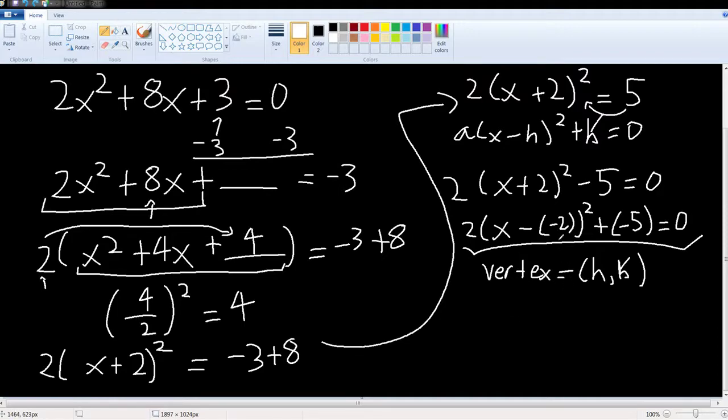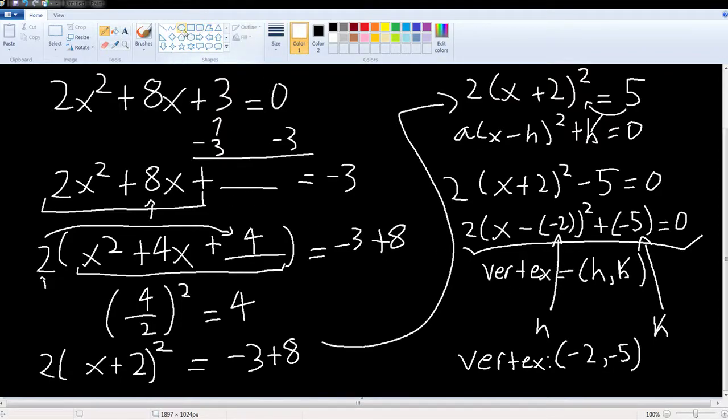If we look at this, this is h, this is k. Therefore, the vertex is negative 2, negative 5. And that's how you complete the square.